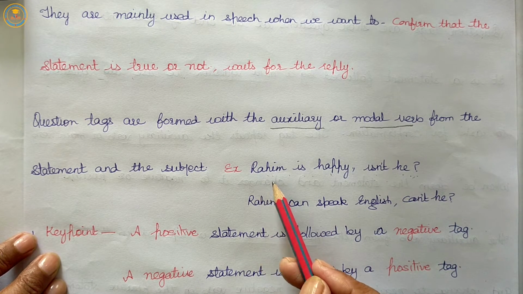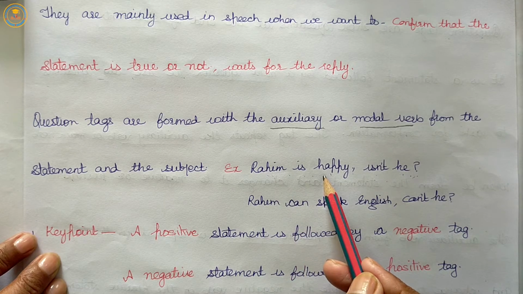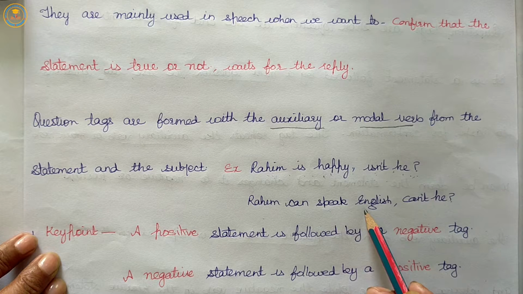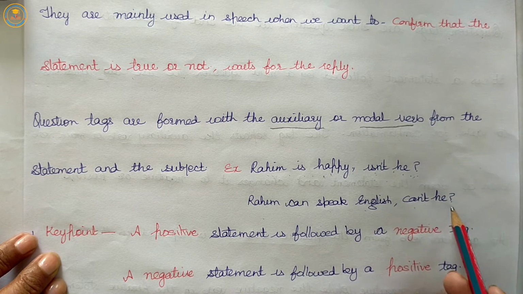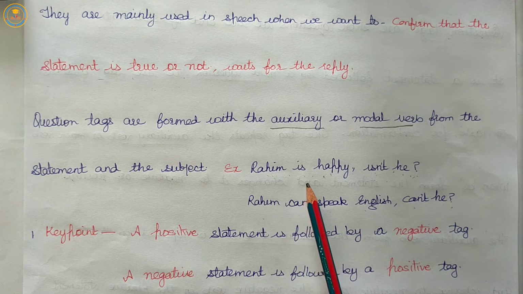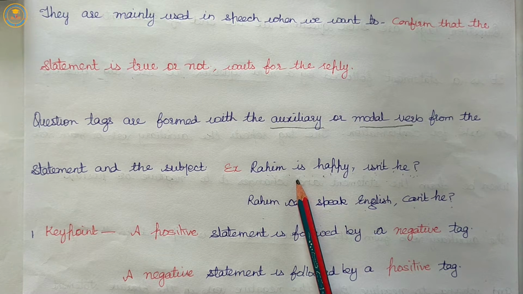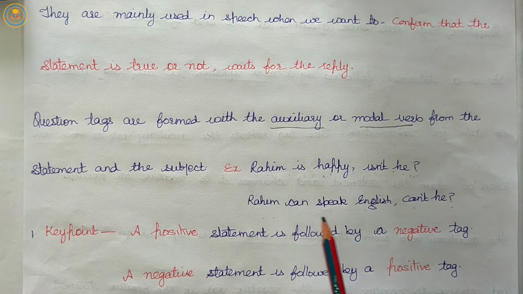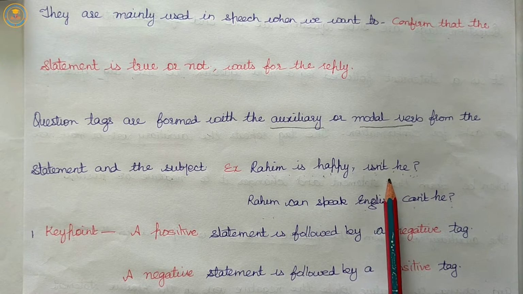So, our first example is Rahim is happy, isn't he? Rahim can speak English, can't he? Question mark. So, tag questions are formed with auxiliary verbs or modal verbs from the statement and the subject.